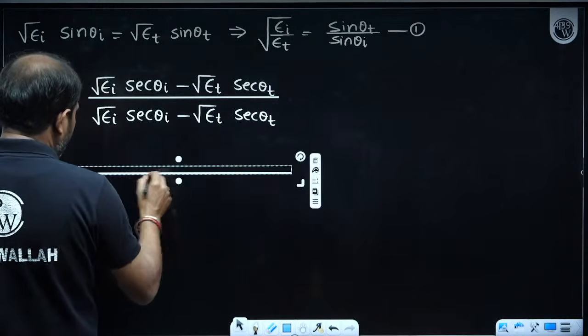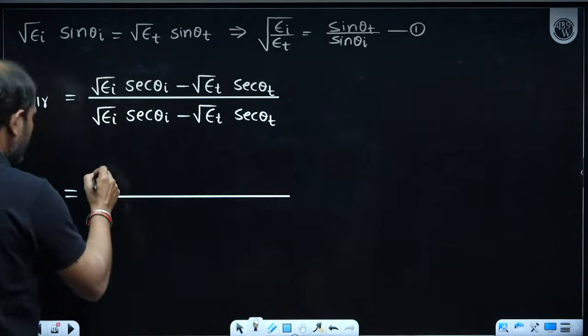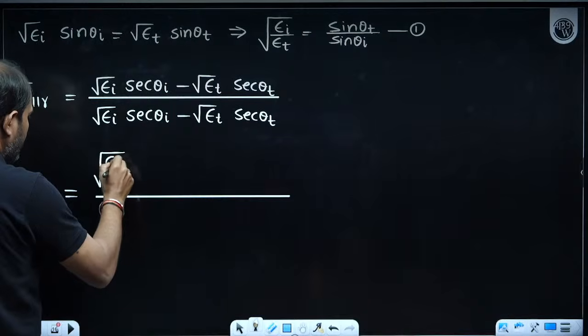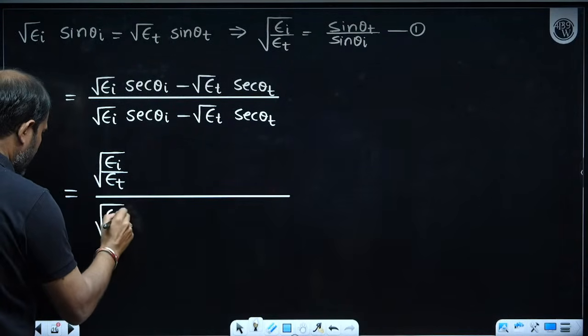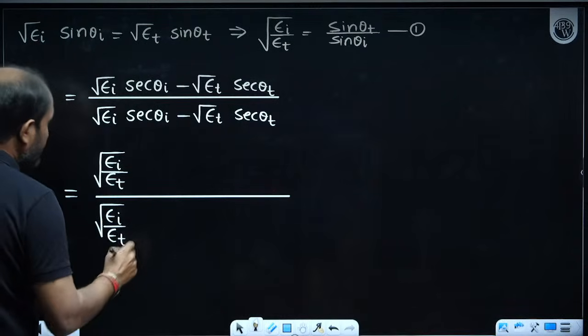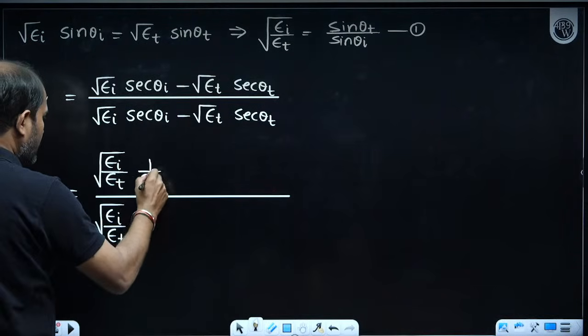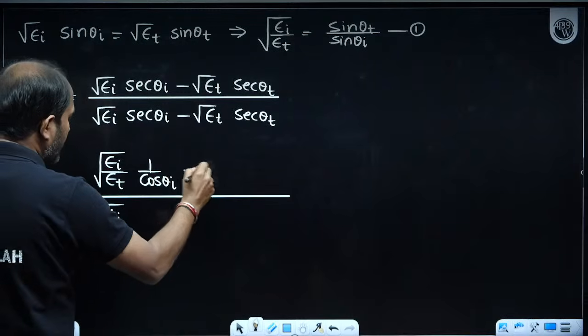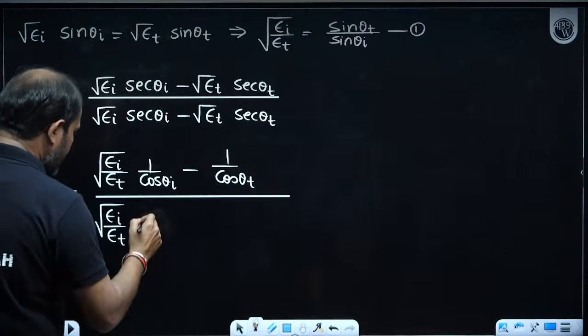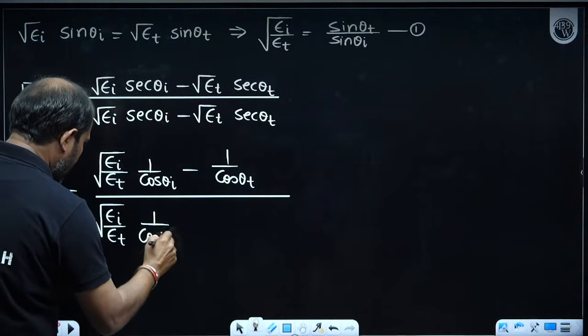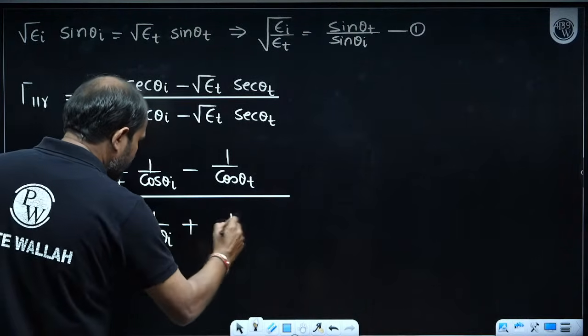First of all, I will take under root epsilon t common. So it will be under root epsilon I by epsilon t. Sec theta I is 1 by cos theta I and sec theta t is 1 by cos theta t.